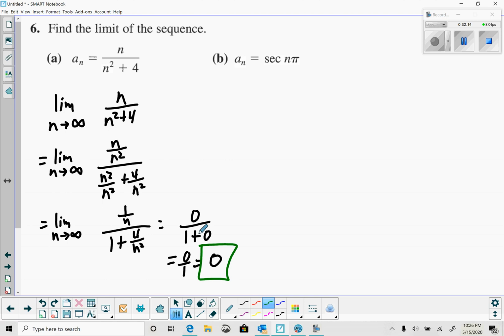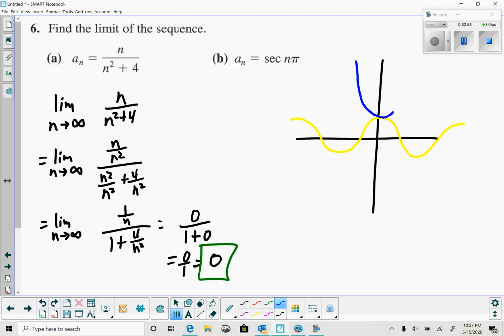For part B, oh wait, hold on. Secant of n times pi? There's no limit here. Again, our graph for secant is one of those. Secant is the reciprocal of cosine. Our cosine graph, maximum center, minimum center, over and over and over again.